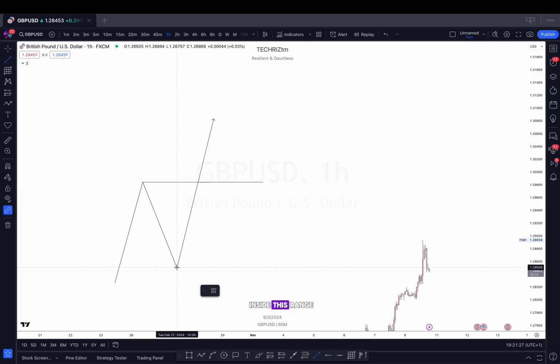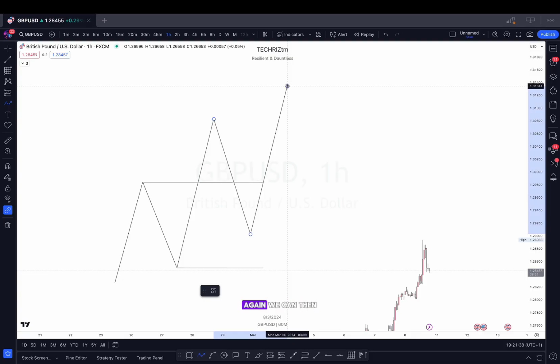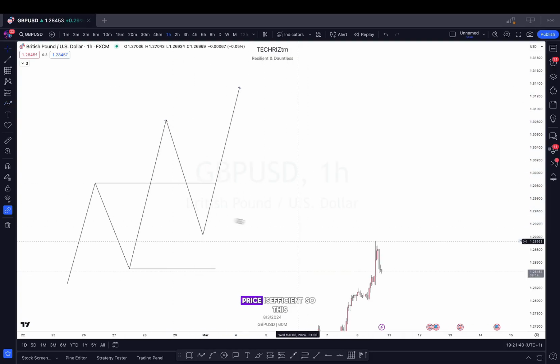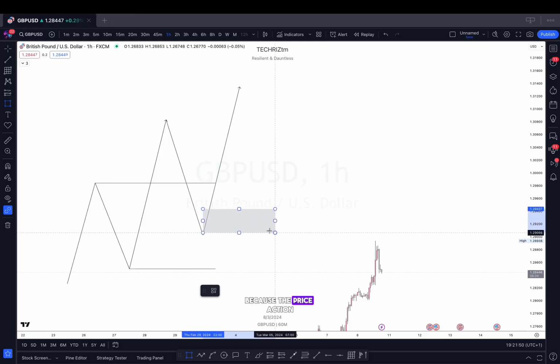Until price comes inside this range, and goes up again, we can then say that okay, price is efficient. So this means if we are going to consider taking a trade in the future, we can take a trade comfortably from anywhere here because the price action in that area is efficient.